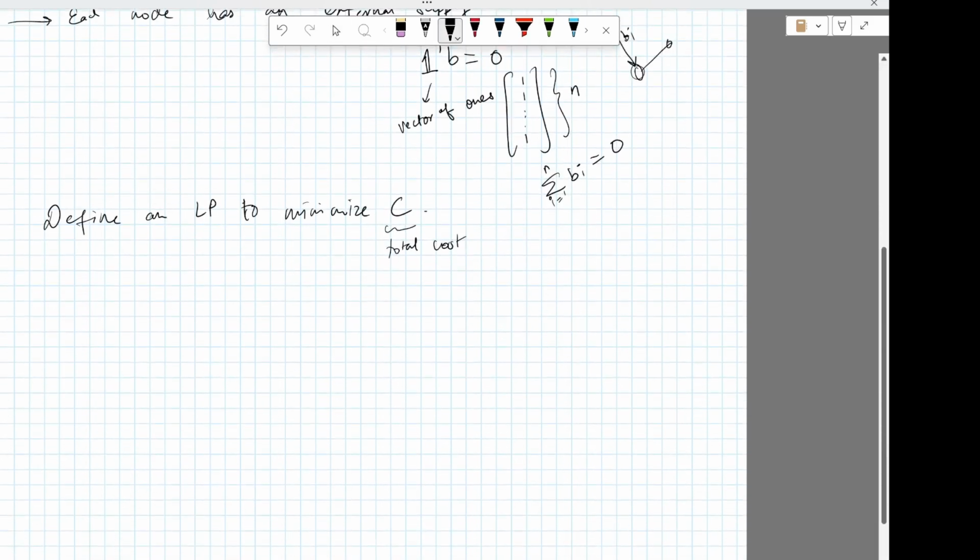So that means our LP will be, so simple thing, to write whatever we discussed right now. So we want to minimize this, j equal to 1 to n, subject to bi plus xij.